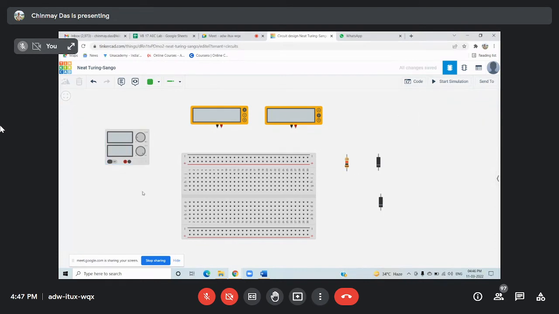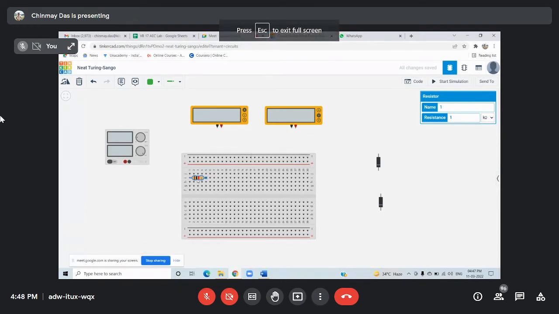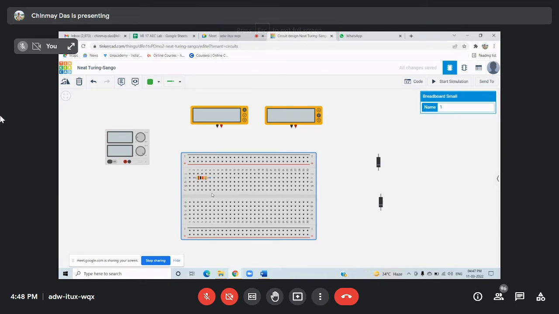The first point is the positive of the power supply. If you look at the circuit, the positive of the power supply is connected with resistor terminal 1, or any end, right? So we can rotate this resistor's position, select and click on R. If I connect this resistor here, is it right?